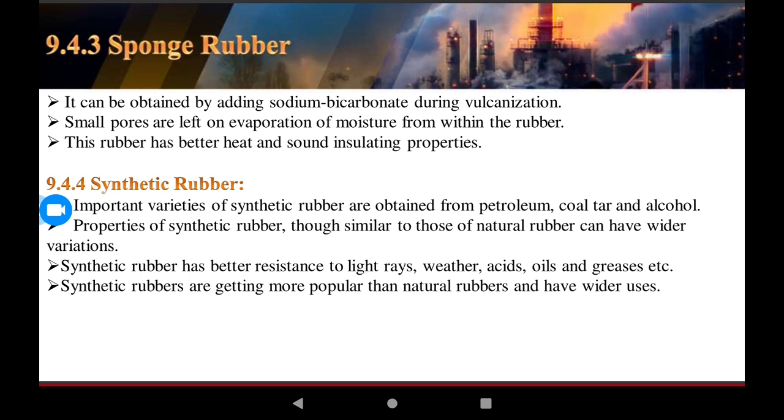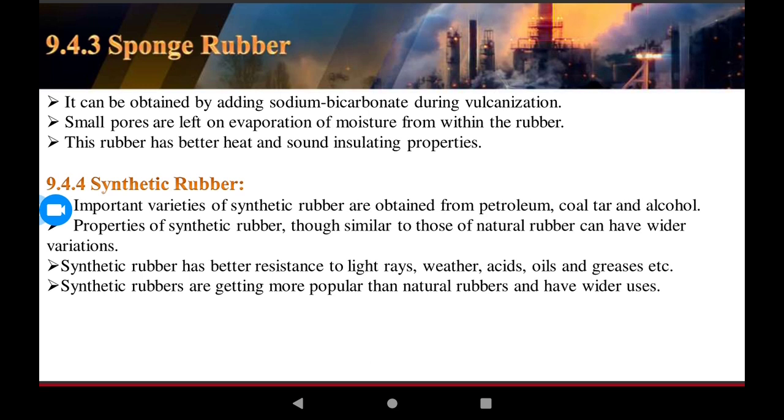Synthetic rubber is rubber made by human hands using chemical compounds, obtained from coal, petroleum and alcohol.